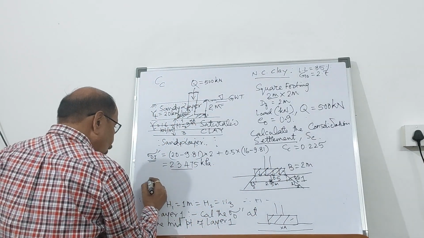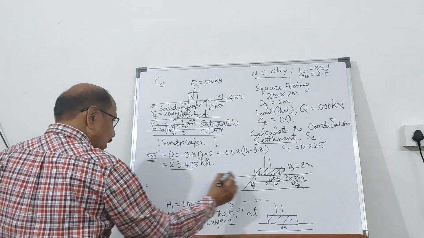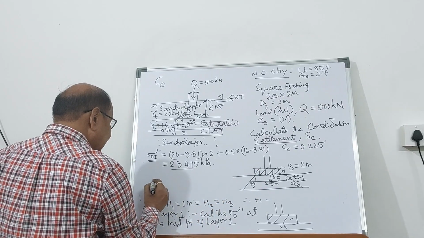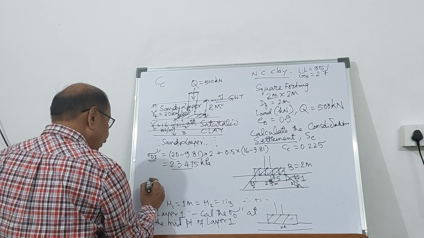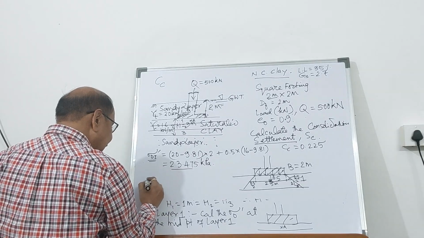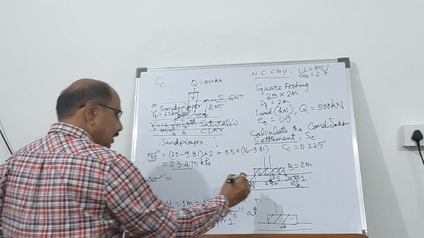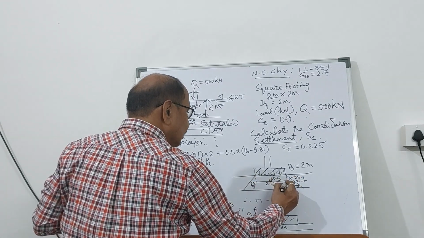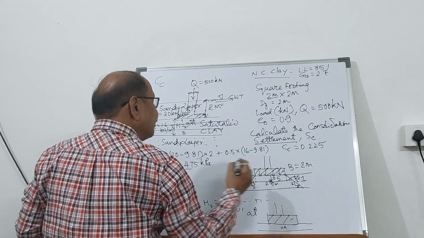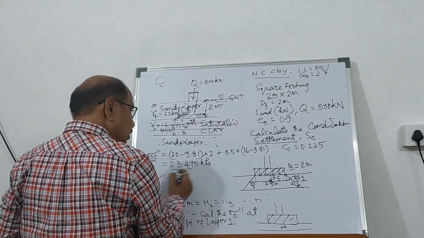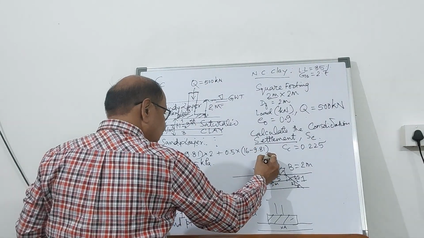And the intensity of the loading here is known to you, and therefore the average increase in layer 1 at the midpoint is due to the external loading.